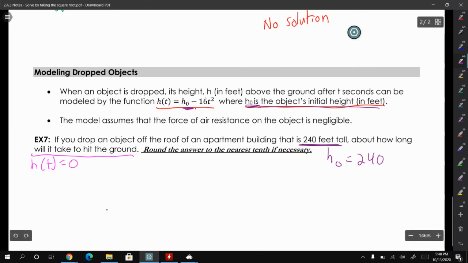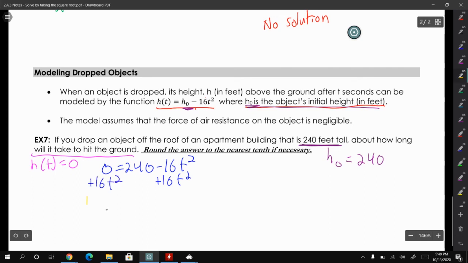So we're going to set up our equation as 0 equals 240 minus 16t squared. And then we'll solve this by adding 16t squared to both sides.